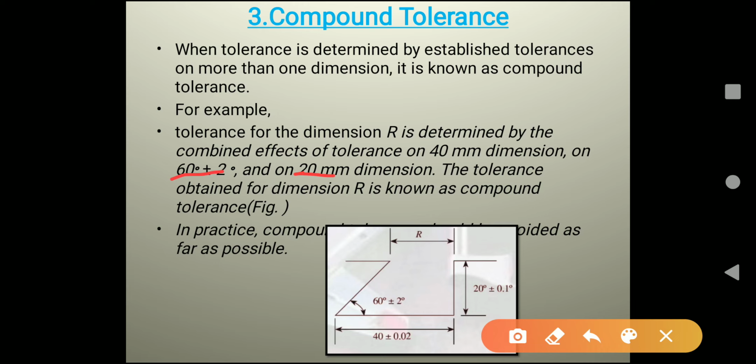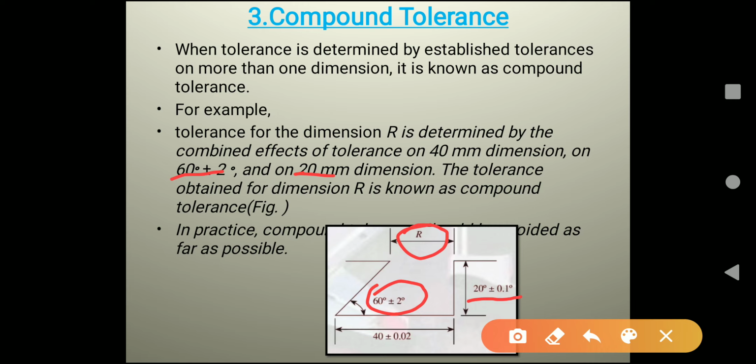As shown in the figure, you can see the particular tolerance of R is determined by this dimension tolerance, that is 20 plus minus 0.01. Here you can also see the tolerance given to the angle, that is 62° or 58°, plus minus 2° to 60°.